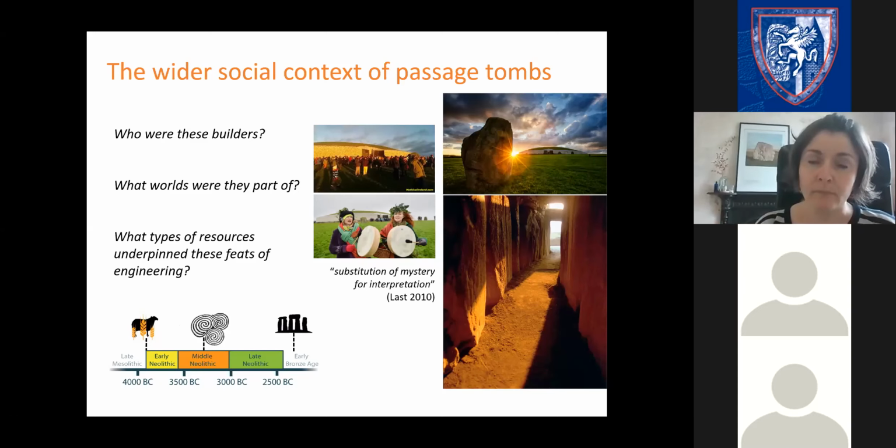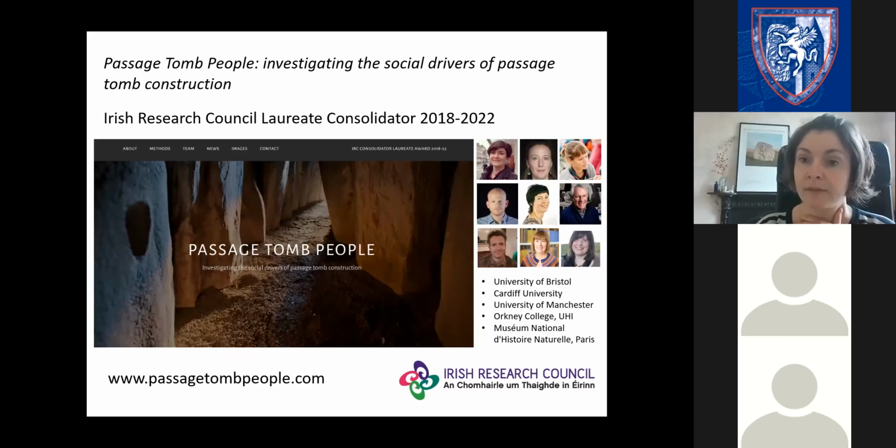So here is the project, and here's some of the project team, or all of the project team. As a research scientist, and then we're collaborating with team members in Bristol. So we've got PhD student Lily. I'll talk a bit more about her work at the end of the talk, with her supervisor, Professor Richard Evershed.